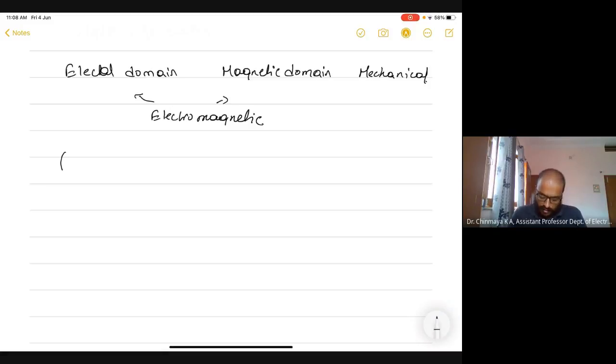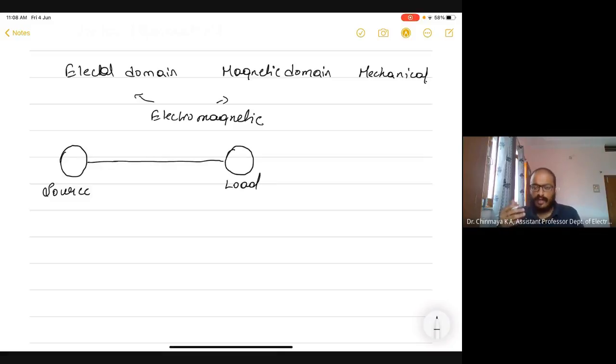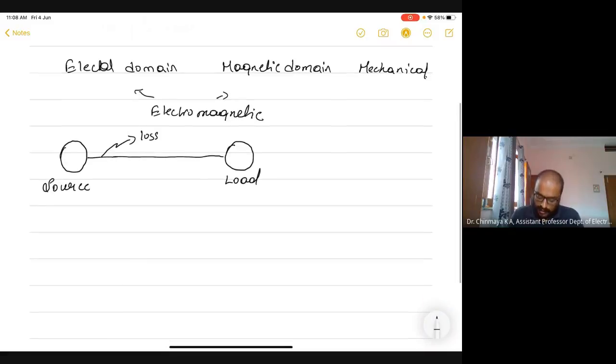Let us say we have an electrical source, with energy being transferred from the source to a load. In between, the energy can be lost or dissipated in a resistor, or energy can be stored in inductors or capacitors.